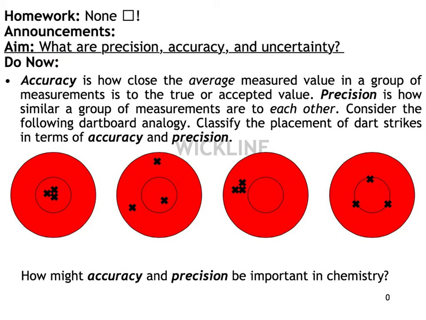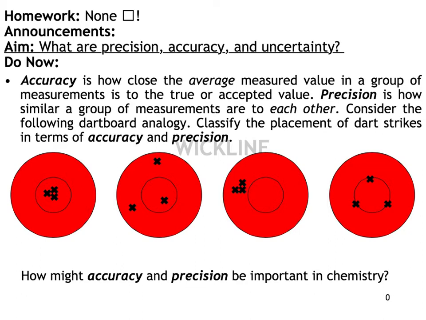So, accuracy is actually how close the average measured value is in a group of measurements to the true value. So, we use these machines to measure something's mass, for instance. Let's say we have a scale to measure something's mass. One of the things that's tricky about that is that two different scales could give different measurements, and the object that you're measuring has only one true mass.